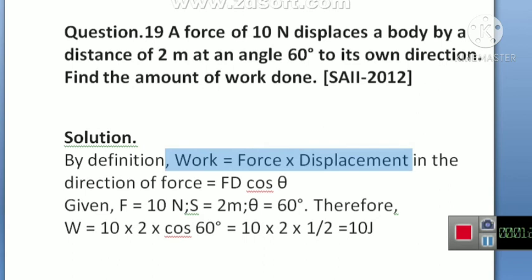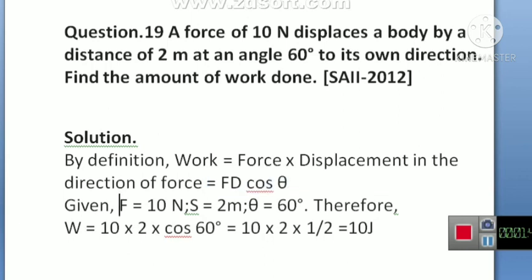Now, here they have given an angle, at which the body is displaced. So the formula that we take is F into S into cos theta. Here displacement can be taken as D or S.